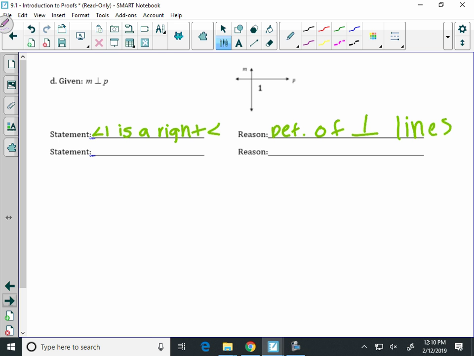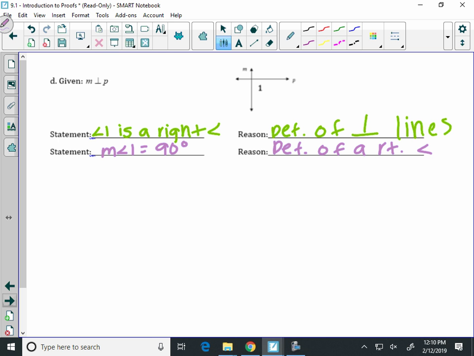So we can say the measure of angle 1 is equal to 90 degrees. If we look at the previous statement, it says right angle. Isn't that a vocab word? So what do you think our reason is going to be? Definition of right angle. Definition of that vocab word. Again, that's how I abbreviate right angle.